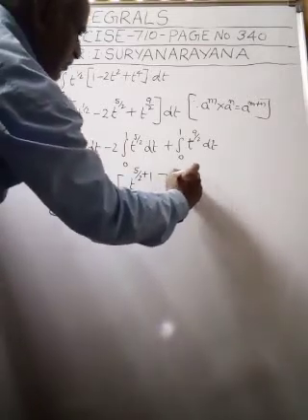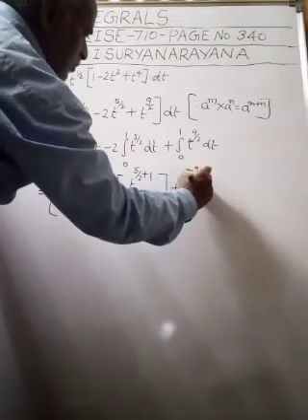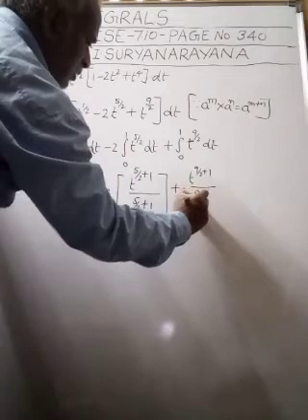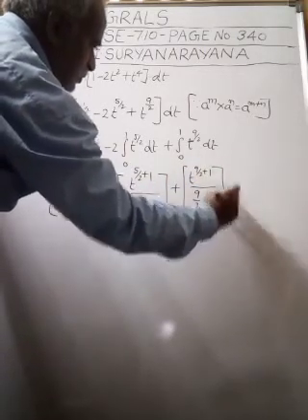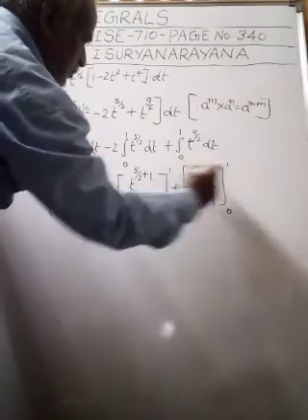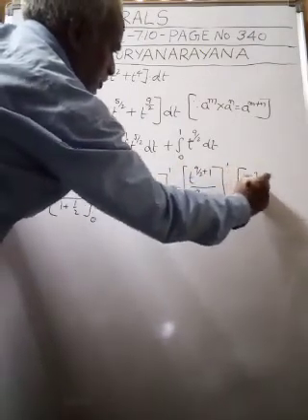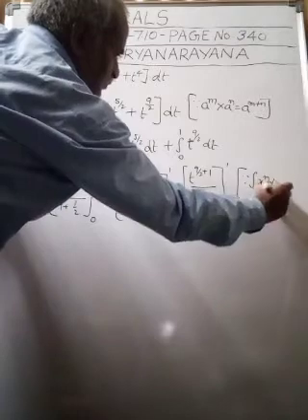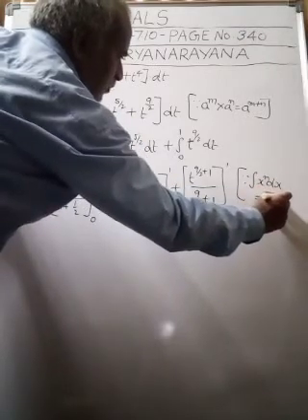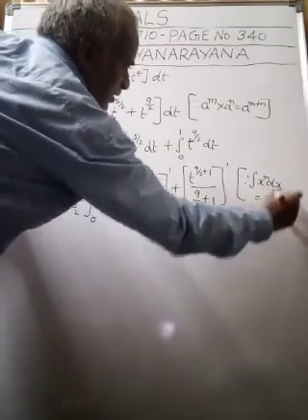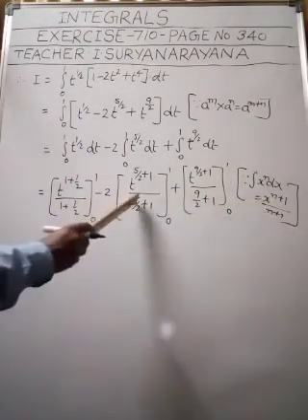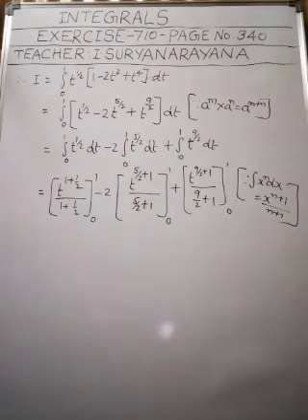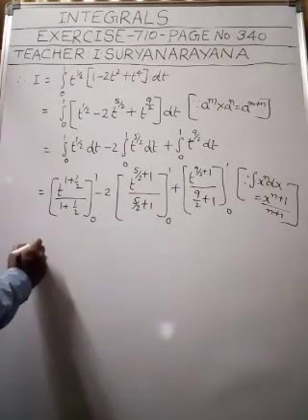Here also same: t power 9 by 2 plus 1 by 9 by 2 plus 1, limits 0 to 1. Because integral x power n dx is equal to x power n plus 1 by n plus 1. Okay, my children, by using this integral formula, we wrote these three terms. Right.